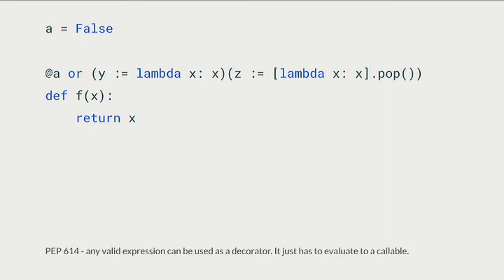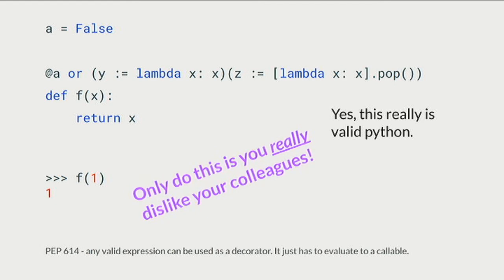We're defining a function, calling another function with some other stupid argument that returns another function, and it's valid Python, it will just return that one. As I say, only do this if you want to leave your job soon, or I don't know, maybe there's some ongoing feud in your office, but you really shouldn't be writing code like this.